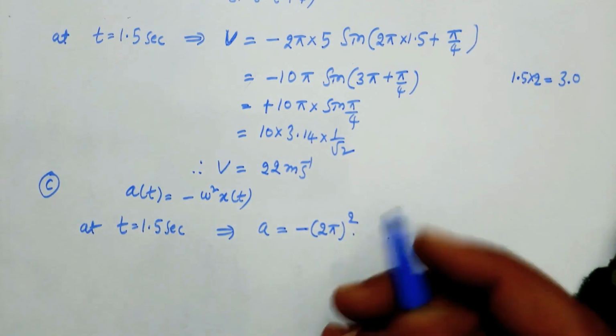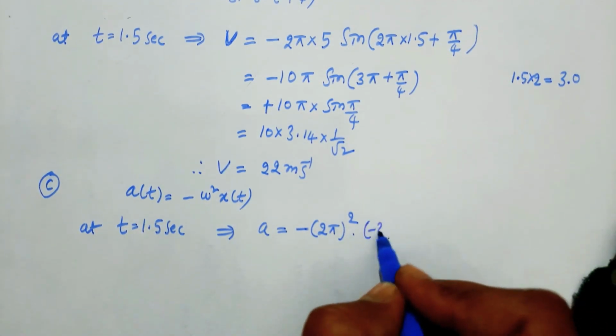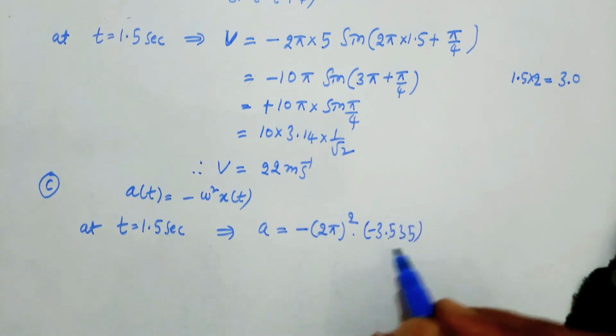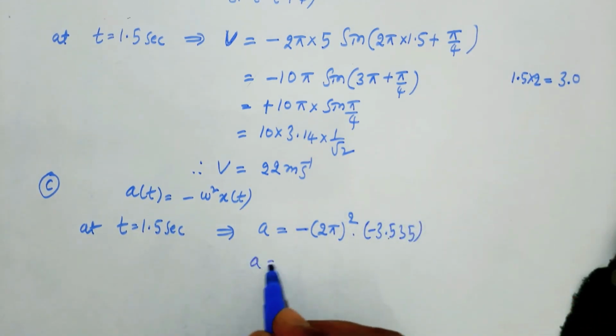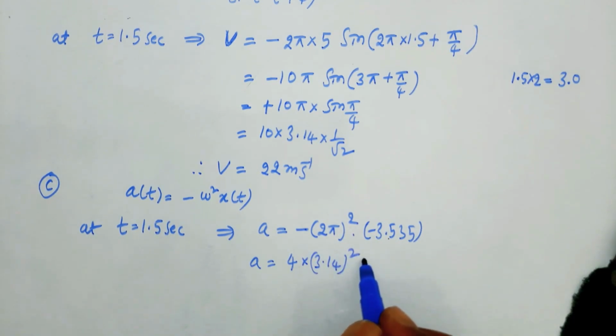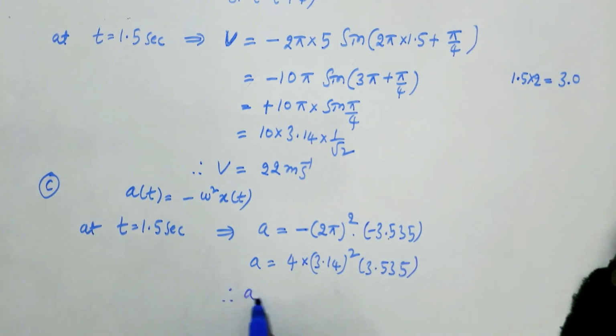So a is equal to 4 pi square, where pi is 3.14 whole square, into 3.535. Finally, the acceleration is 140 meters per second square.